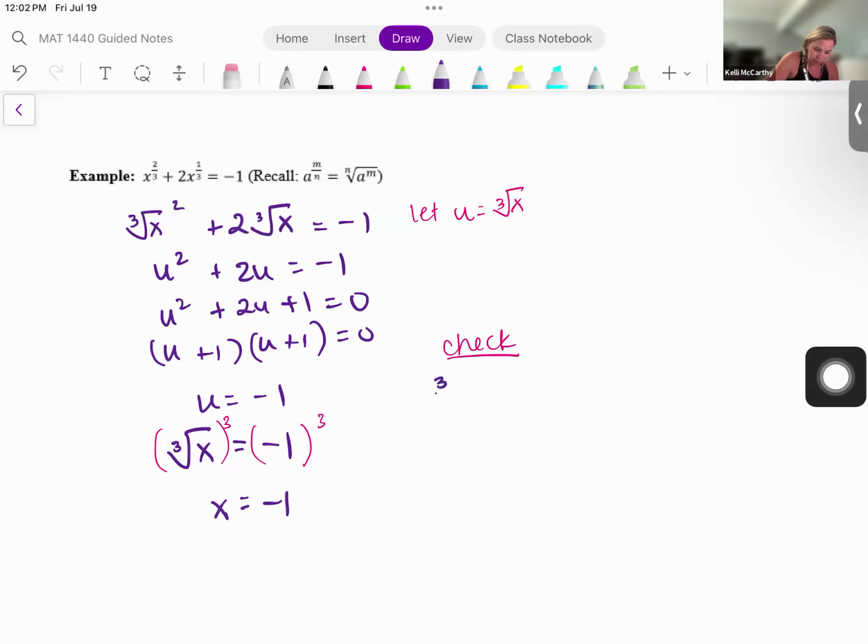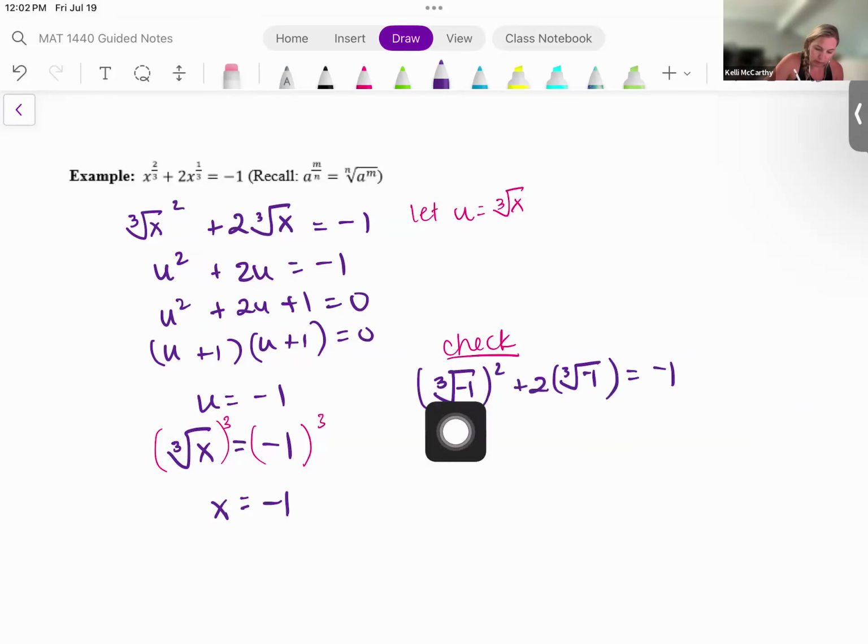We've got the cube root of -1 being squared plus 2 times the cube root of -1 equals -1. The cube root of -1 is -1. So when we square -1, we're going to get +1, plus 2 times the cube root of -1 is -1, equals -1. This is going to be 1 minus 2, or -1.